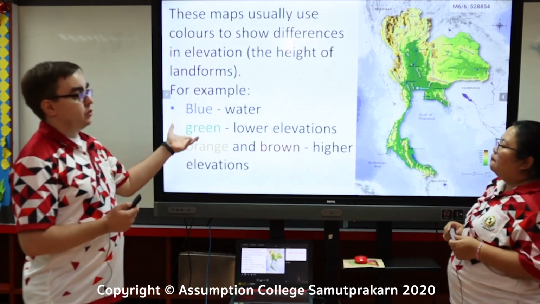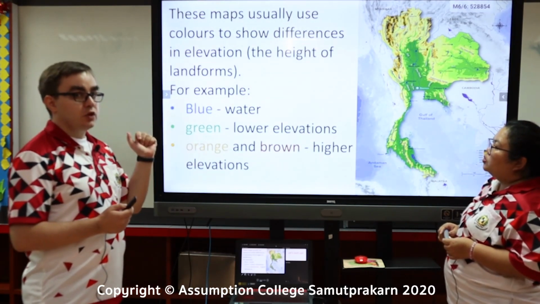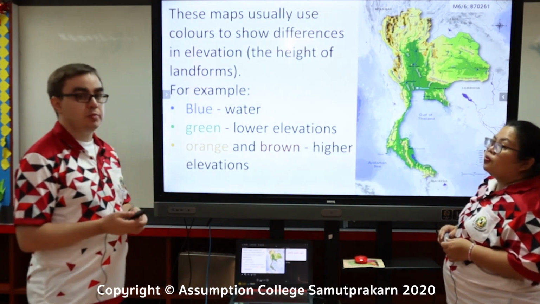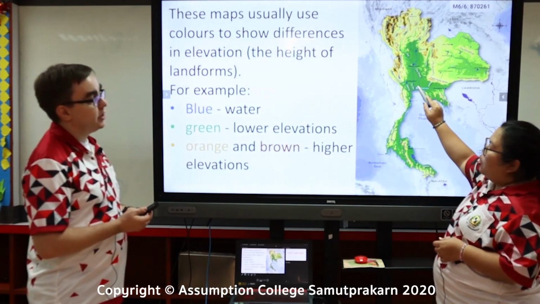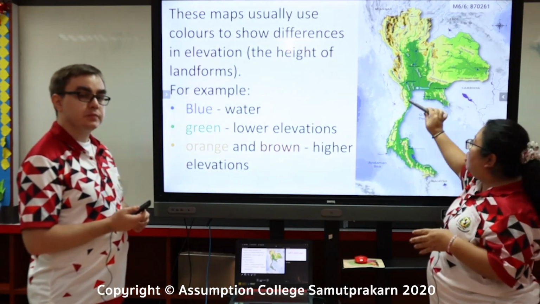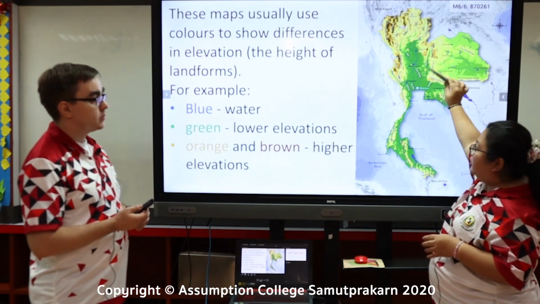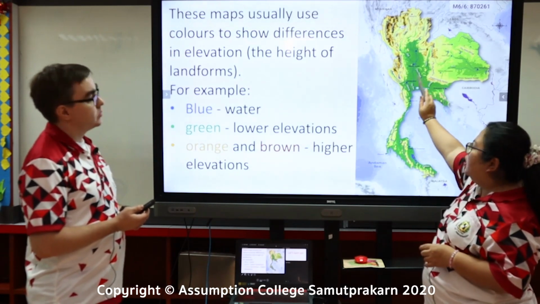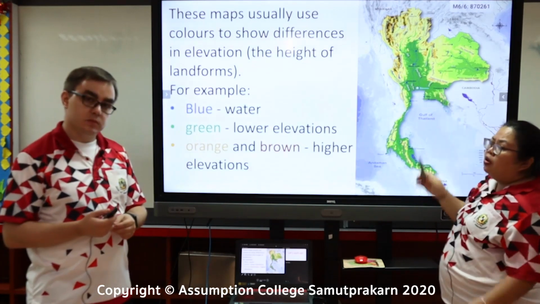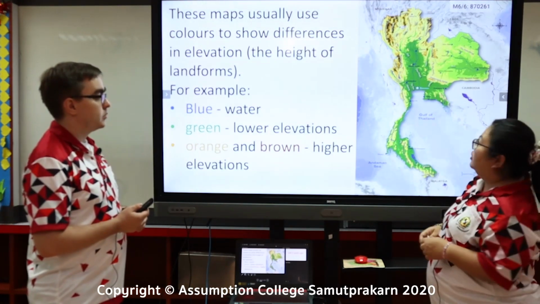And instead of contour lines like topographic maps, physical maps use colors to indicate the change in the shape or the elevation of the area. We can use color to show the meaning of that landform or feature. For example, green means lower elevation, plain or flatland, a lowland.